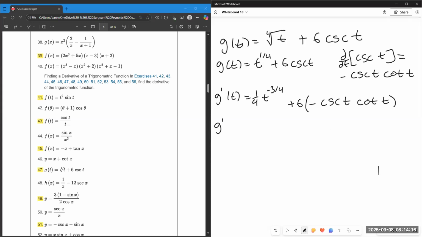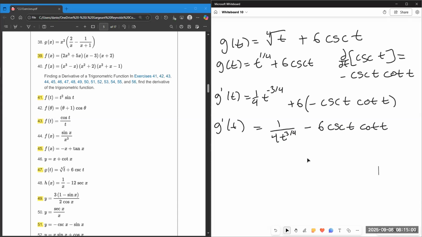So g prime t equals 1/4 t to the 3/4 power minus 6 cosecant t cotangent t. If you would like to rationalize that denominator, that'd be okay, but it's really not going to be helpful here. So I would just go ahead and leave that for now.